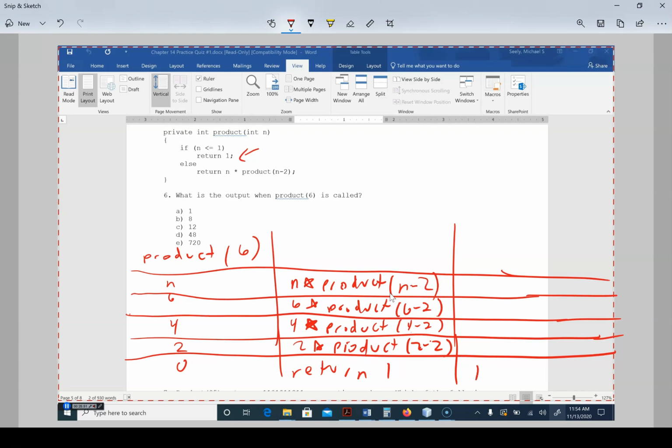Okay, so this is 1. 1 gets passed up into that, so you got 2 times 1 is 2. 2 gets passed up into here, so then you got 4 times 2, which is 8. 8 gets passed up into here, so you get 6 times 8, which becomes what, 48? Okay, final answer. All right, so there's that.